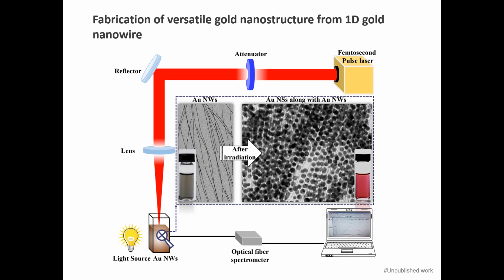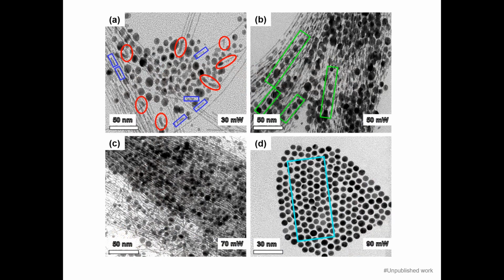So here, when we increase the power from 30 milliwatt to 90 milliwatt, we can see step by step how the nanowire turns into a nanosphere structure, and how the two structures coexist in one part.